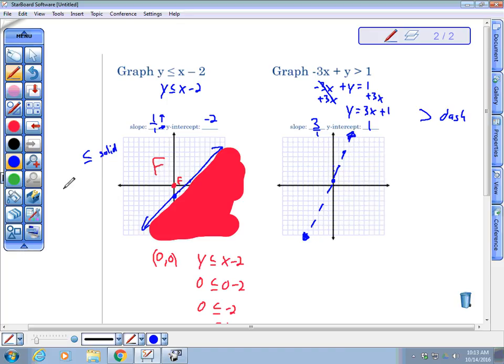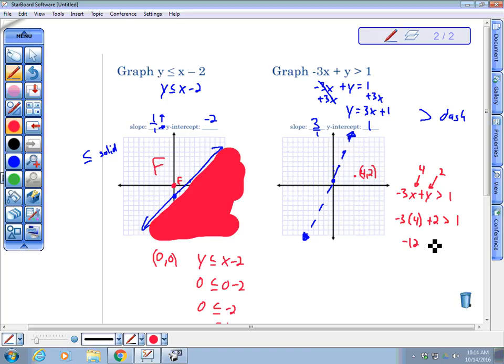And then I'm going to test a point. Now on this one, 0, 0 may or may not work, so I'm going to test a point. Let's try this point right there, which looks like it's 4, 2. I'm going to try 4, 2 in the original. So negative 3x plus y greater than 1, and I'm going to put 4 in for x, 2 in for y, so negative 3 times 4 plus 2 is greater than 1.